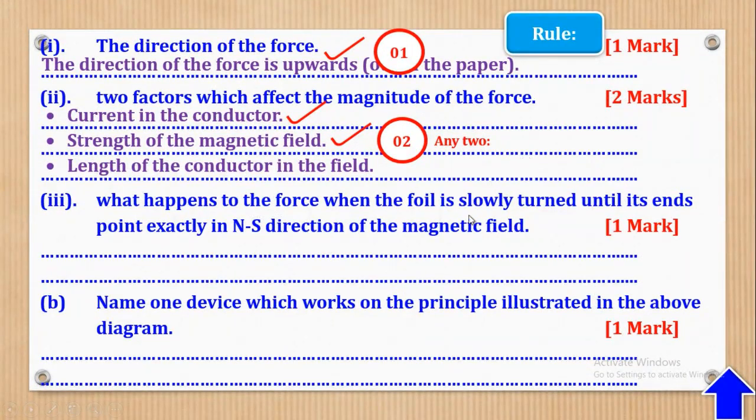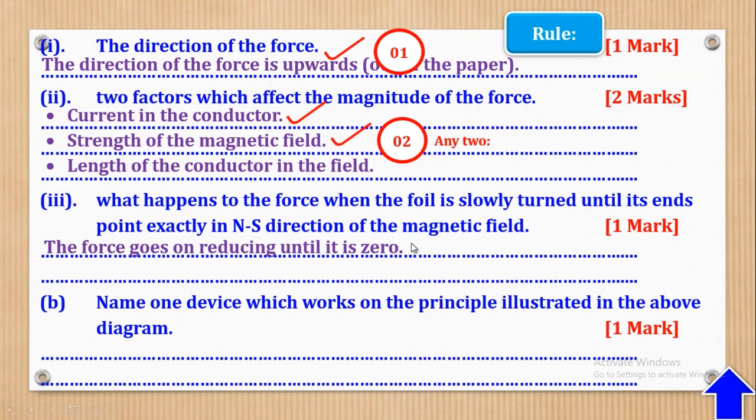Therefore, the force will become 0. So we shall say that when that happens, the force goes on reducing until it is 0.